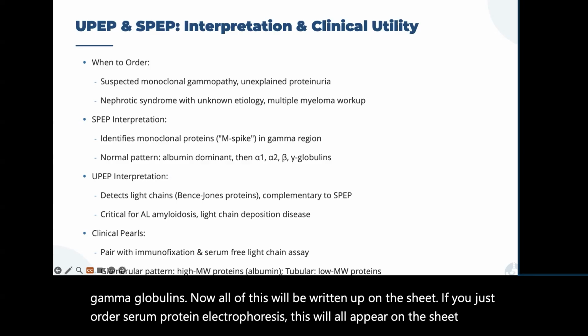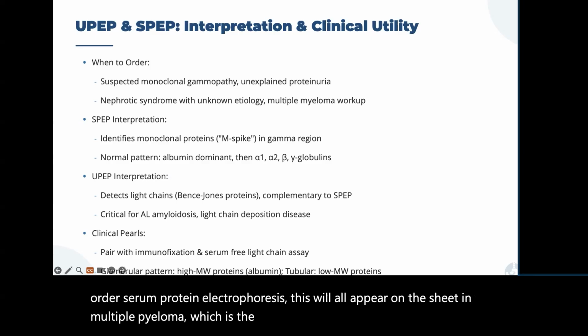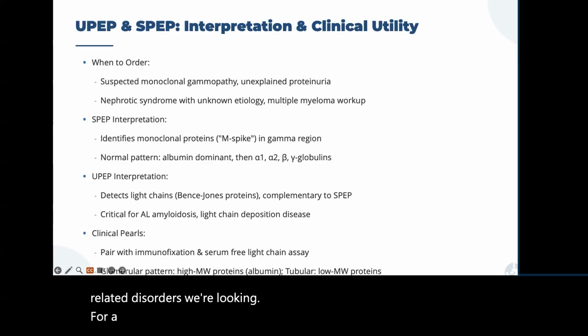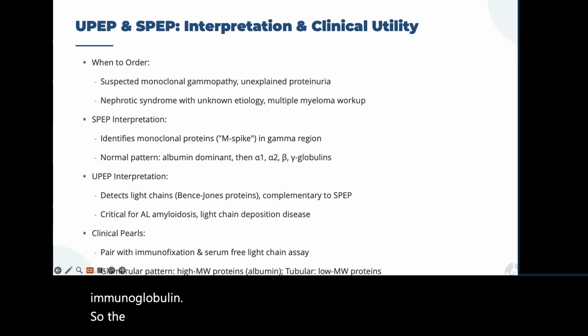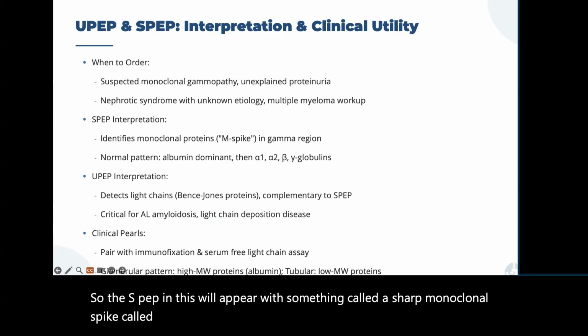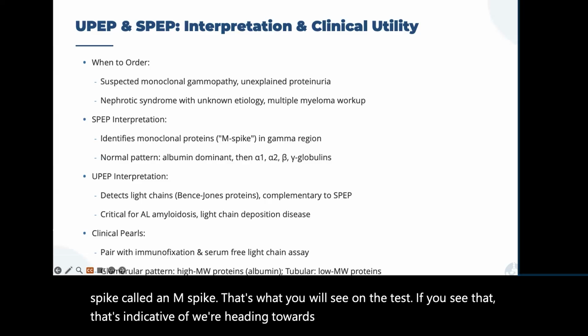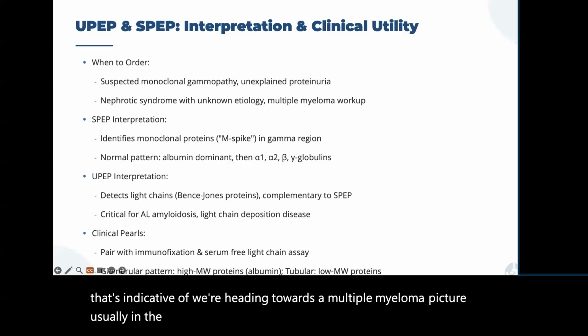In multiple myeloma, which is the thing we're looking for, or related disorders, we're looking for a single clone of plasma cells producing large amounts of immunoglobulin. So the SPEP will appear with a sharp monoclonal spike, called an M spike. That's what you will see on the test. If you see that, it's indicative that we're heading towards a multiple myeloma picture, usually in the gamma region.